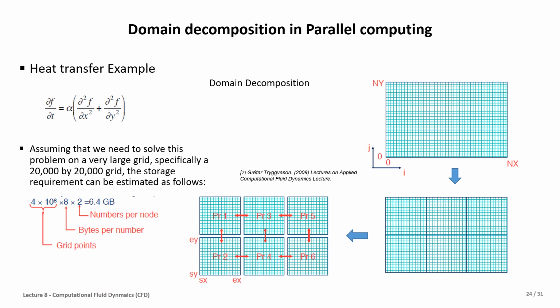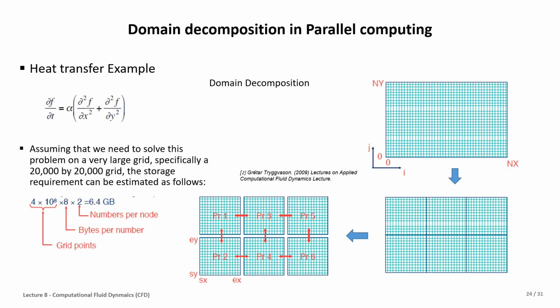Regarding the domain decomposition in parallel computing, here is a very simple example of a heat transfer problem. You can see we have a two-dimensional domain. And actually, we need to solve this problem with a very large grid, which means it has a 20,000 by 20,000 grid.